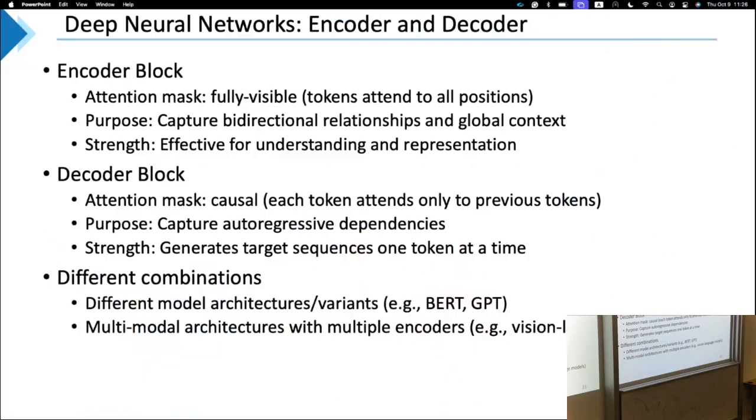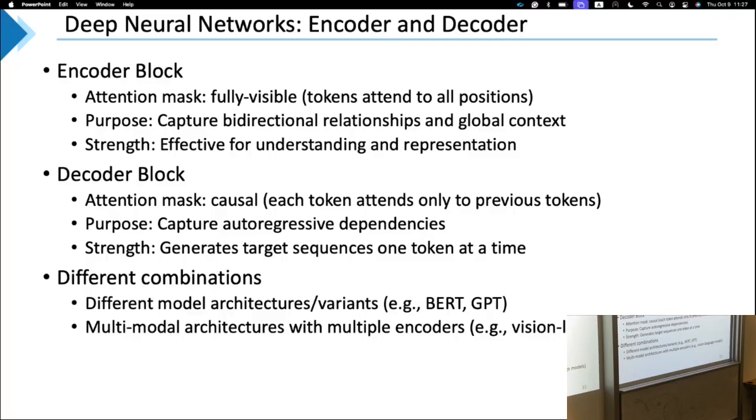And this attention mechanism becomes the building block, the basic backbone, for different blocks. The first one is the encoder block. The encoder block means we use the fully visible mask in the attention. This encoder block, as I mentioned before, is widely used in different vision tasks, like the vision transformer.